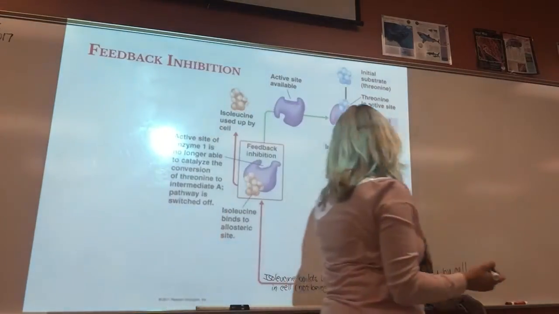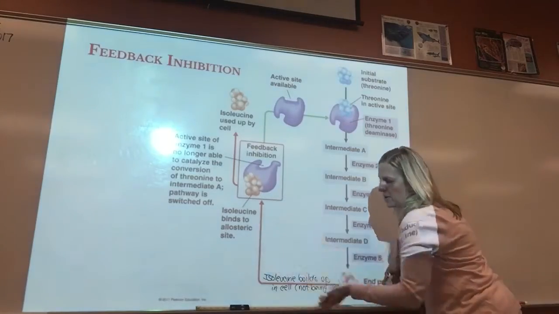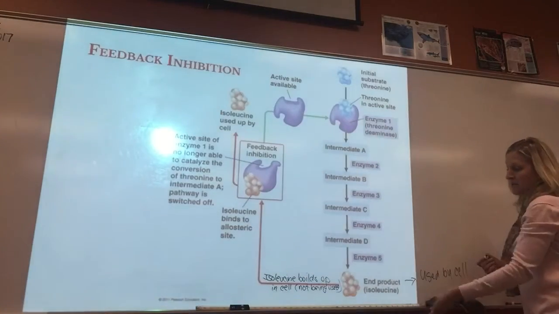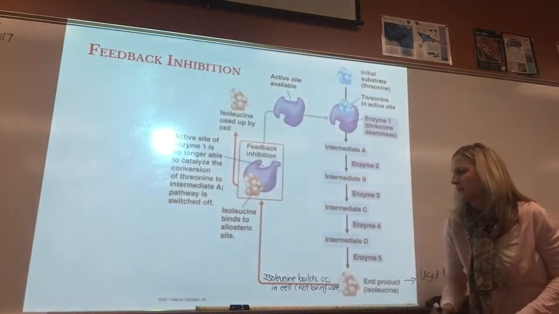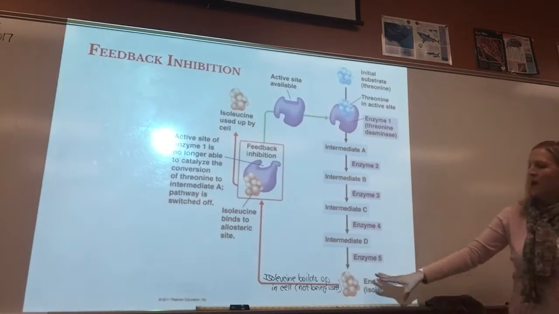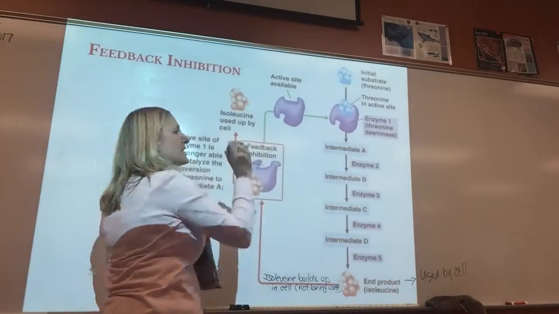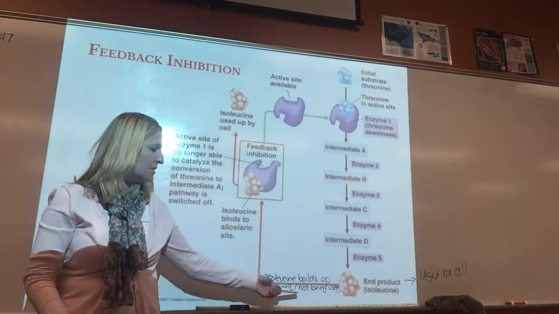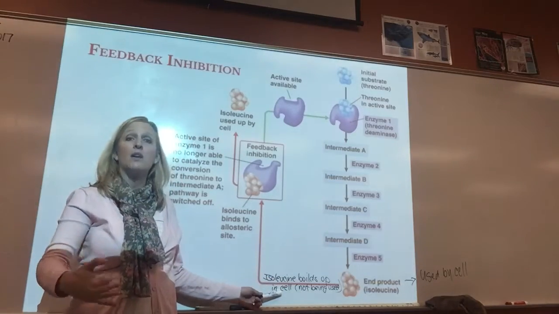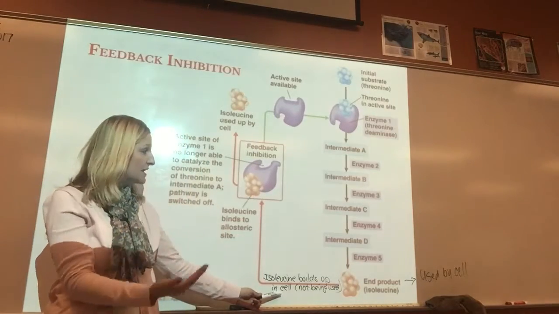If it's being used by the cell, it's going to be used right away, and we don't get this pathway going on. So it'll keep on making isoleucine, and all the enzymes will work and be used by the cell. But if it's not, it builds up and inhibits the enzyme in the first spot. And this is reversible though, because what if the isoleucine builds up in the cell, it's not being used, but then you come to a point in time where it is being used again?